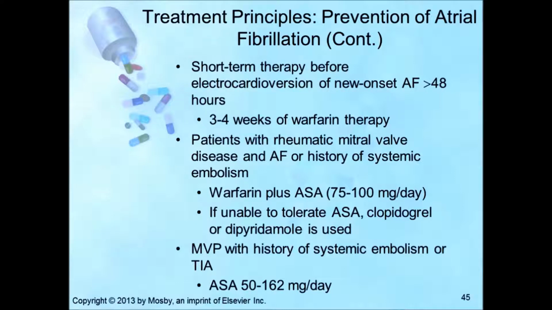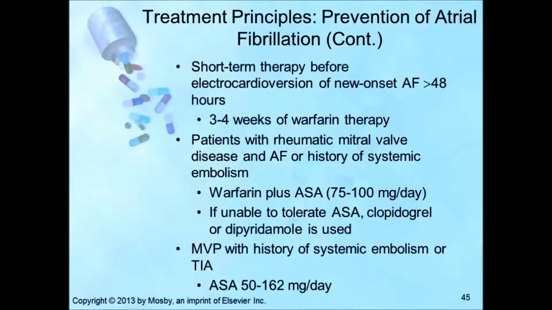So for short-term therapy before electrical cardioversion, to summarize, of new onset atrial fibrillation greater than 48 hours, the patient needs to be on 3 to 4 weeks of Coumadin therapy.